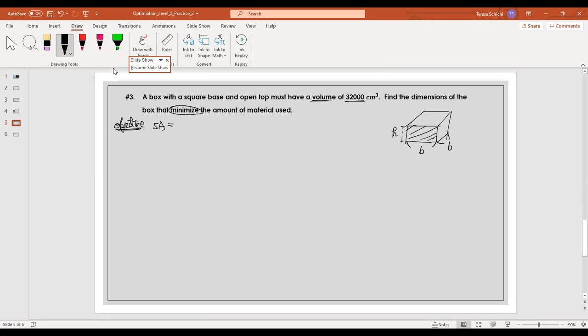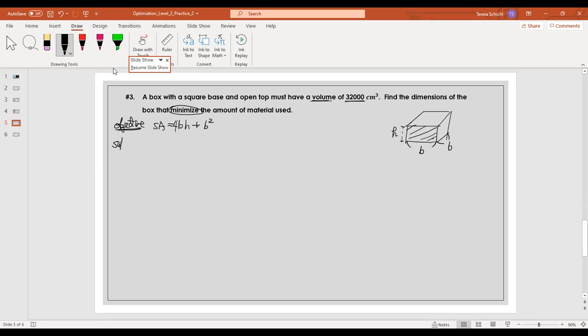What is the area? It is b times h. How many? 4 times b times h. So it will be 4bh plus the bottom. This box is open top, but I have a bottom. So what is the area of the bottom square? It is b squared. Be very careful, because this is the open top here.